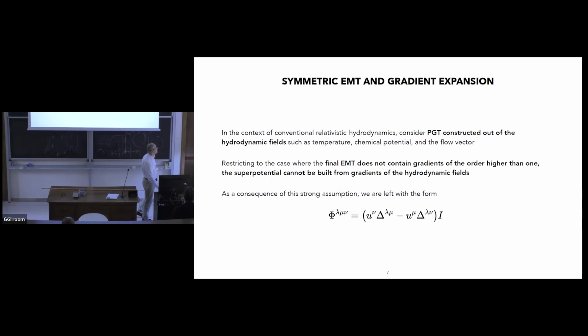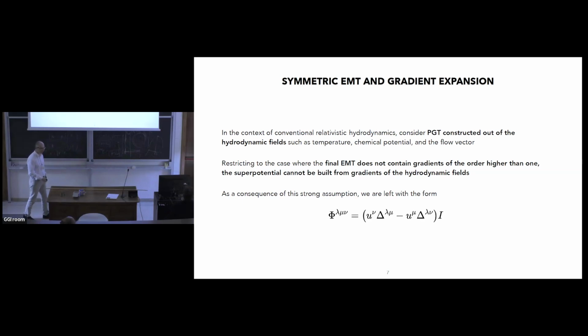Okay, and then actually you can ask yourself a question, because this is still complicated. So you may take the case of the usual hydrodynamics, and you can try to construct a pseudo gauge out of the fields which you have at your disposal.